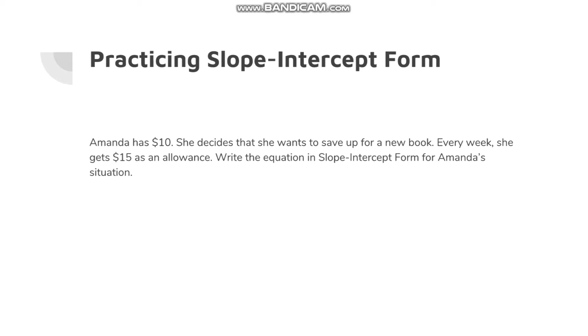Anyways, back to finding Amanda's equation. We know she starts out with $10, not 0, and if she starts out with $10 and dollars is our y-axis, is 10 our y-intercept? It is. It leaves us with 15. If y and x are to remain variables, and we already have b, what's left in our slope-intercept form?